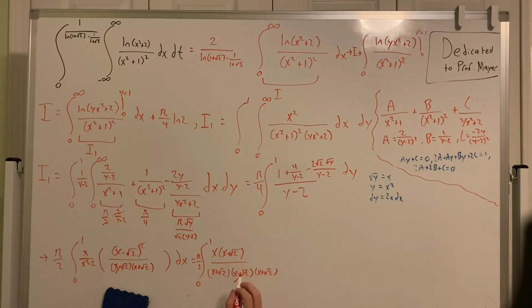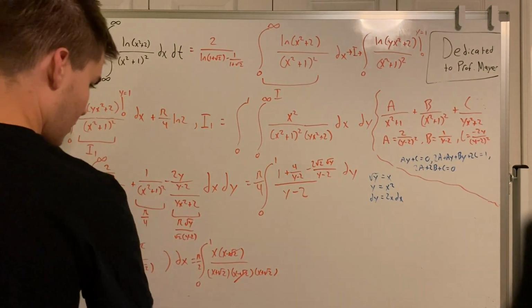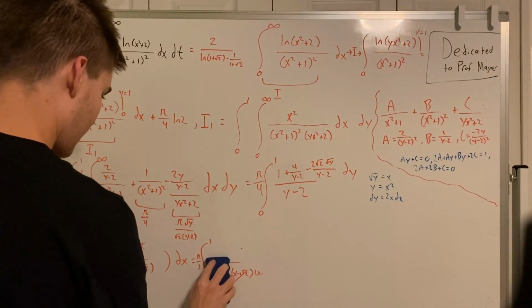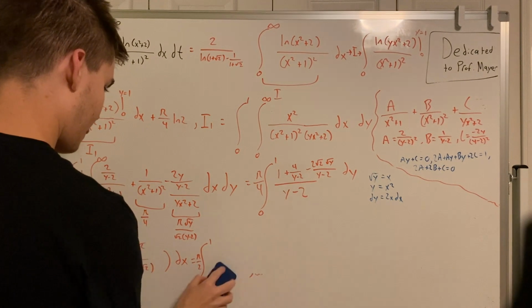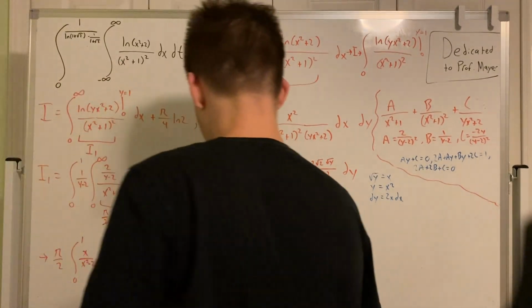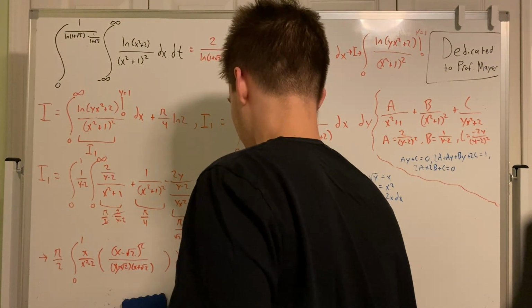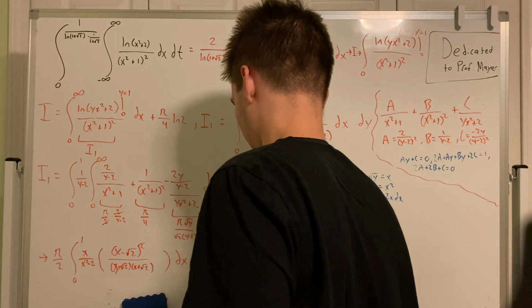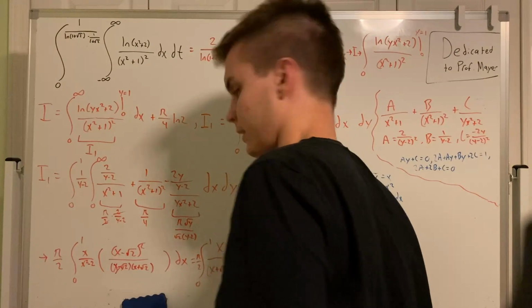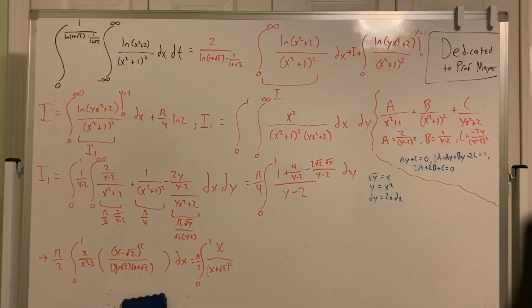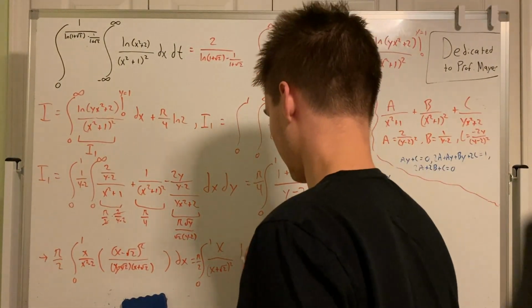These go away. So I'm just going to rewrite this as x over x plus root 2 squared. This is with respect to x.